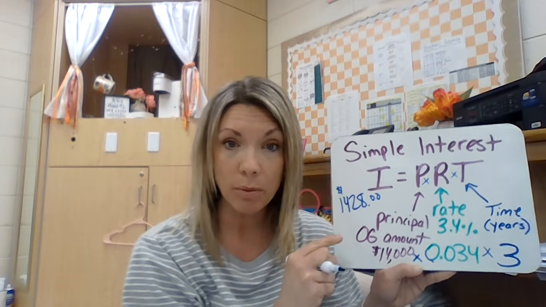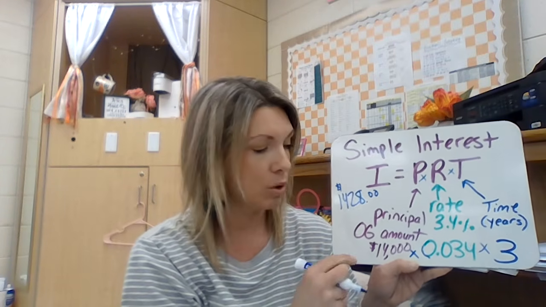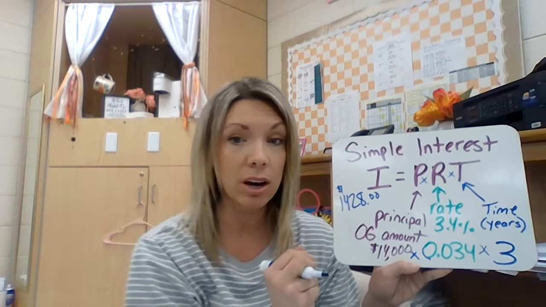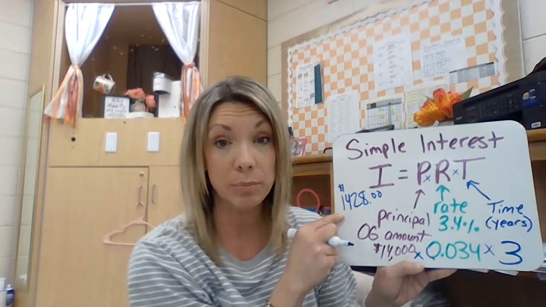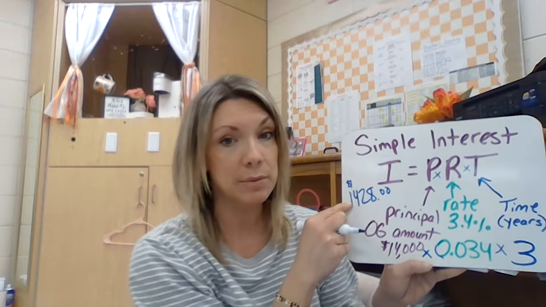So if your word problem on this milestone says, what's the total amount that you're going to pay for this car with a 3.4% after 3 years, it will not be the simple interest. It will be the simple interest added to $14,000. The total will be your original amount or your principal, $14,000, plus $1,428.